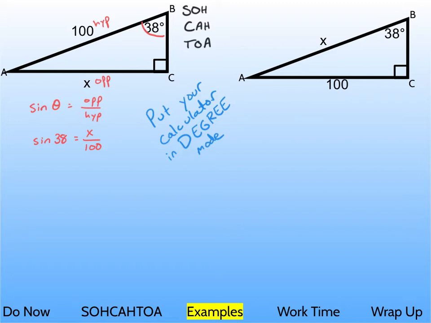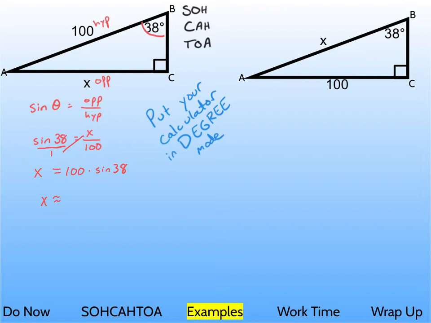So, here's how we're going to solve this thing. The way we solve these, and the easiest, works every time way, is if you put this trig ratio over 1 and then cross multiply. So we get 1 times x is 1x, or just x, and then we get 100 times sine of 38. Now, I'm not expecting you to do this in your head. This is where a calculator comes in handy.